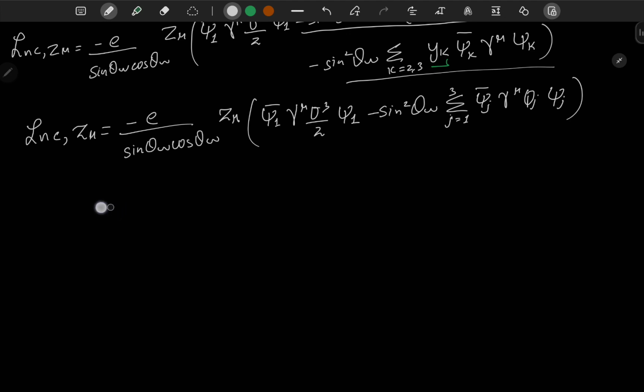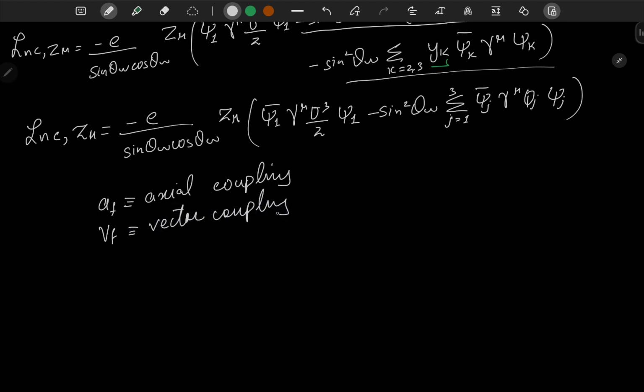So I'm going to call them AF, axial coupling, and VF, vector coupling.